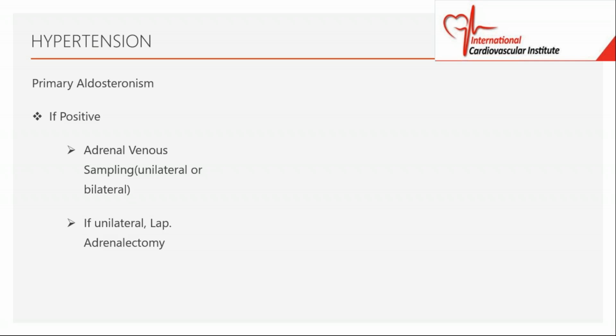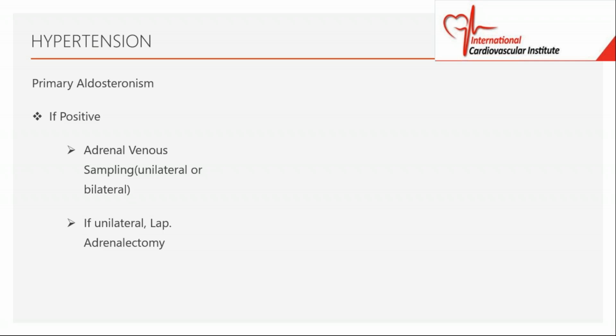If the elevated aldosterone is just coming from one adrenal, then you can do a unilateral laparoscopic adrenalectomy. Basically, you remove that adrenal and you cure the hypertension.